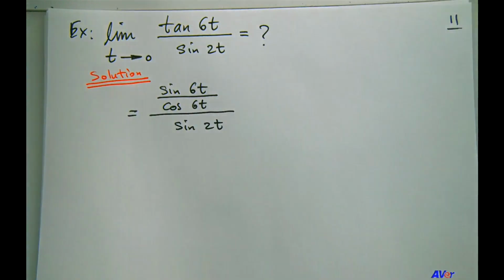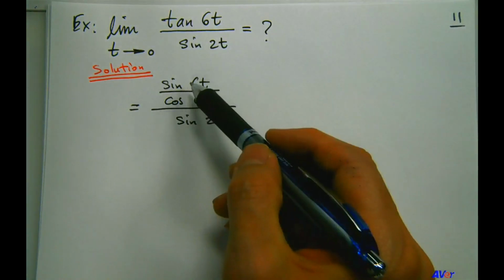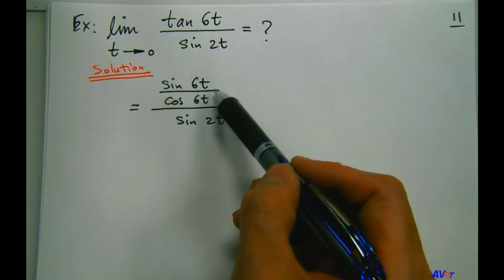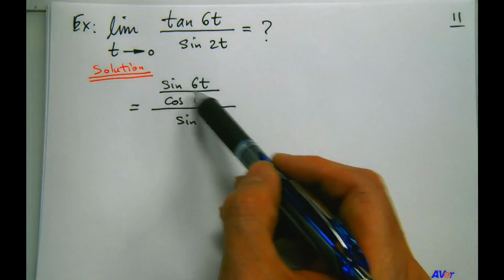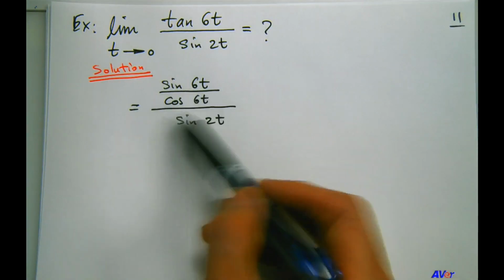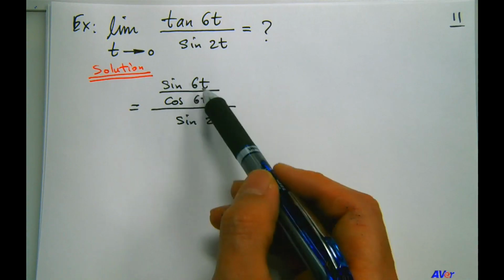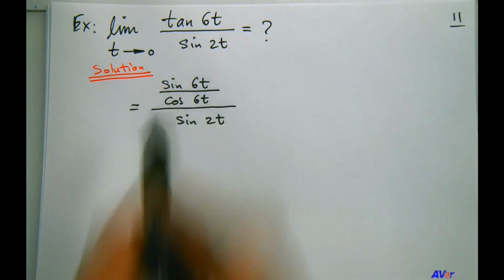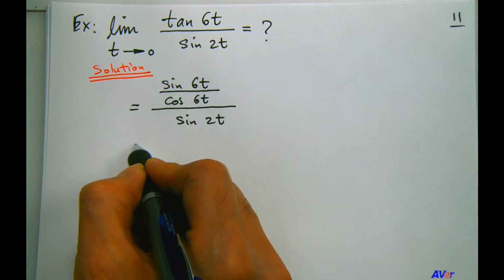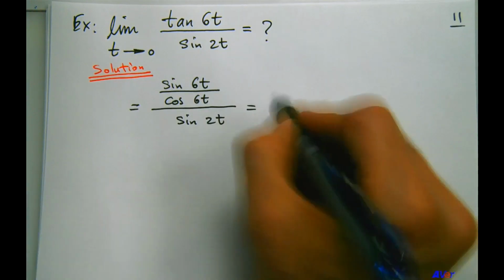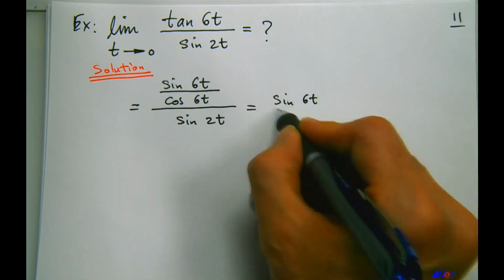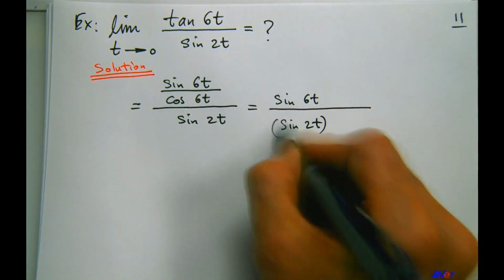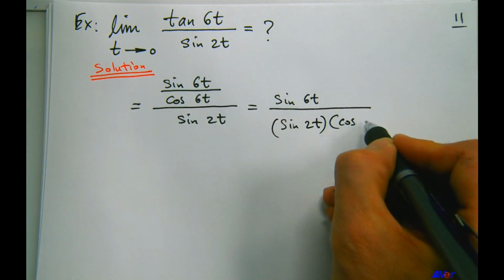In order to apply the identity that the limit of sine of theta divided by theta as theta goes to 0 is 1, we need to have a 6t somewhere. But before that, let's simplify this complex fraction. So we have sine of 6t divided by sine of 2t times cosine of 6t.